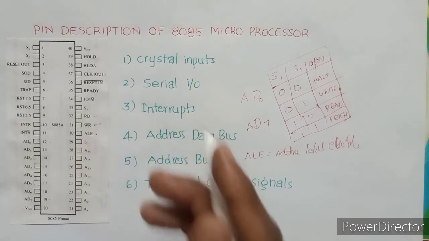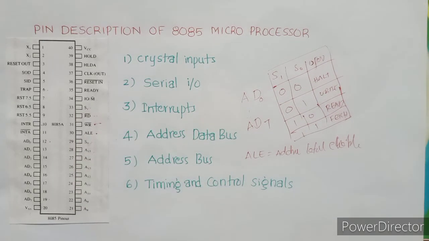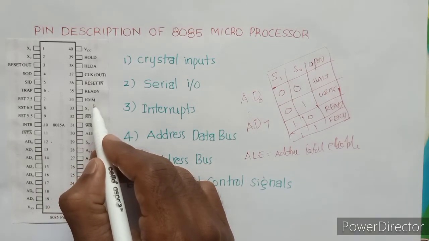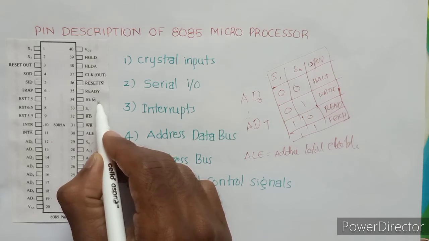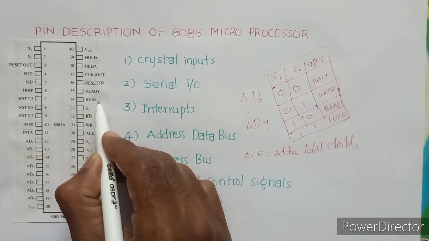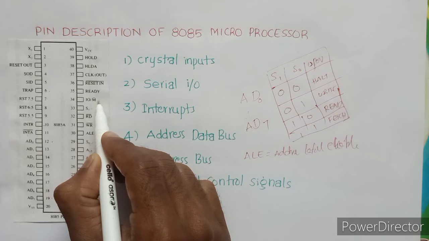Next, the 34th pin, IO/M bar, is also a status signal. When it goes high, the address on the address bus is for an input output device. When it goes low, the address on the address bus is for a memory location.